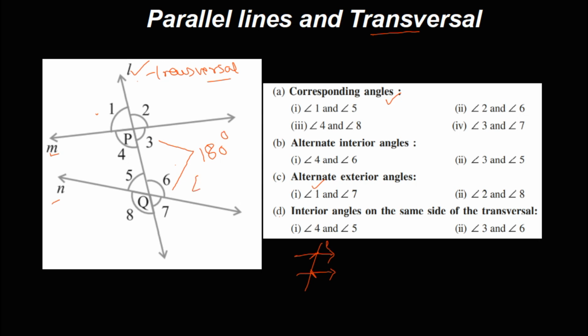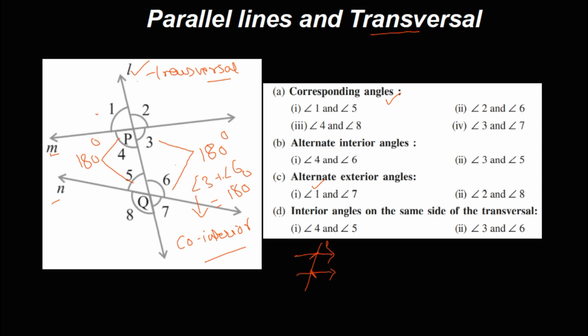Angle 3 plus angle 6 is always equal to 180 degrees. Similarly, angle 4 plus angle 5 will always be 180 degrees, the sum of these two angles. So they are also termed co-interior angles. Co-interior angles, or interior angles on the same side, are always supplementary.